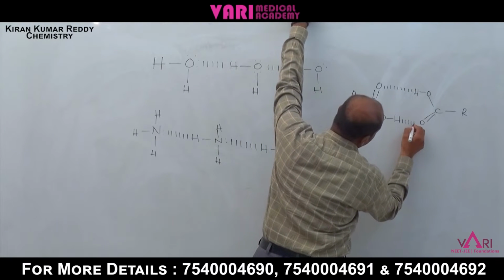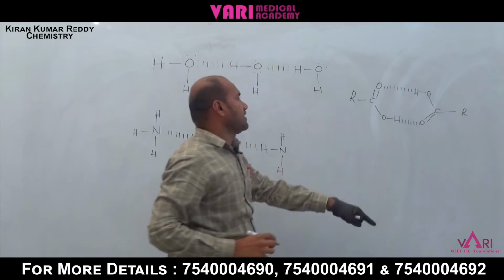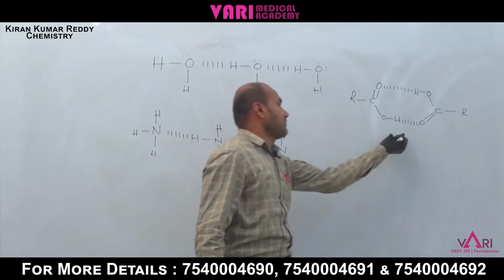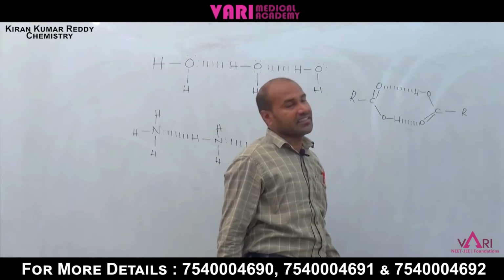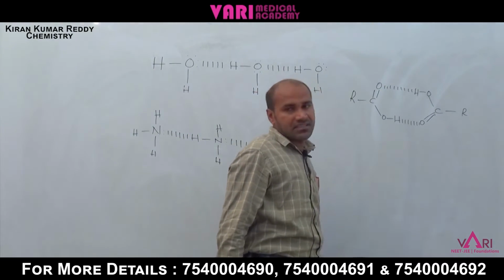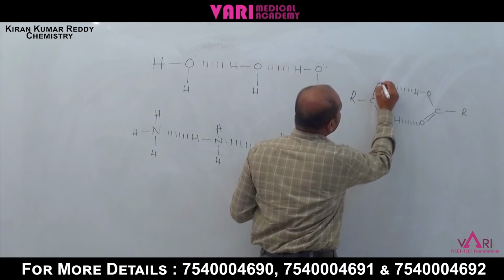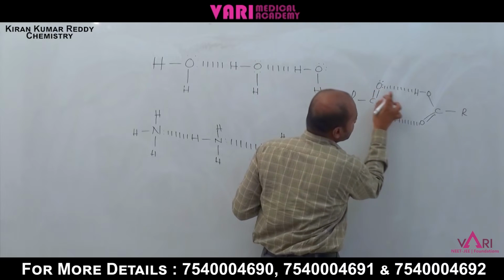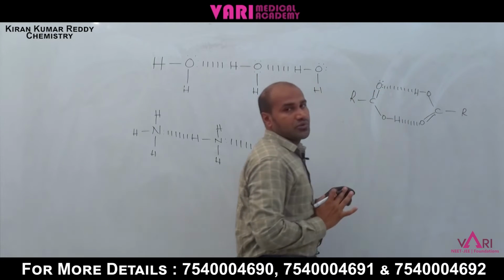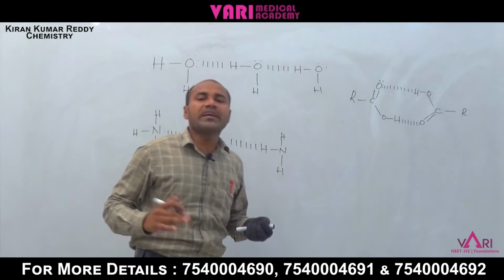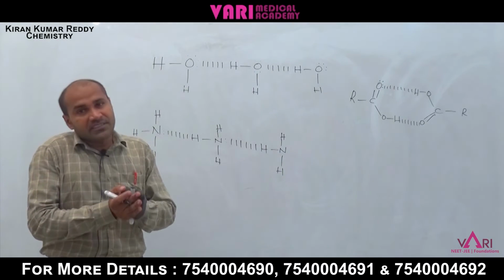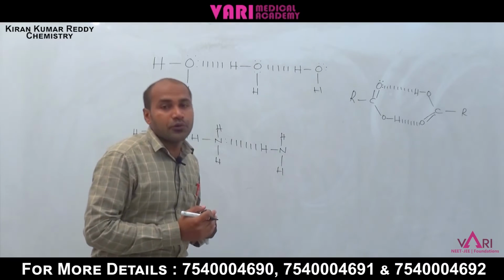This is also intermolecular hydrogen bonding, the dimer of carboxylic acid. Here the lone pairs are present, meaning electron rich heteroatoms and electron deficient hydrogen atoms. Even boric acid, H3BO3, also has hydrogen bonding, and that is also intermolecular hydrogen bonding.